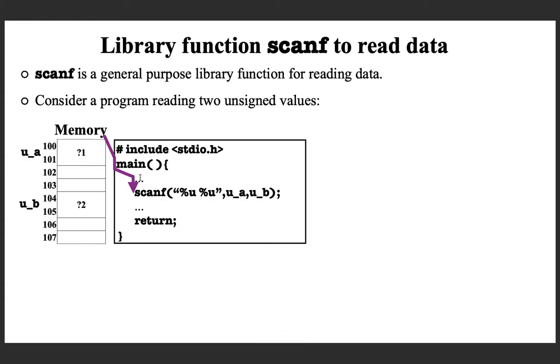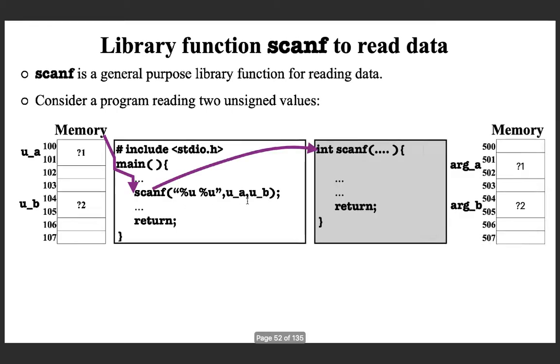And when the control comes to the scanf, which is a function call, don't worry about this. The function is called and hence an instance of that function is created in memory with memory allocated for its arguments, variables. Definitely because you are passing two arguments, unsigned variables a and b, at least two arguments must be here, which is not explicitly shown here.